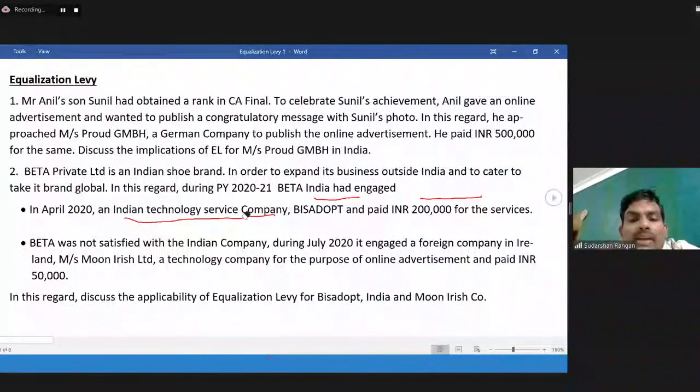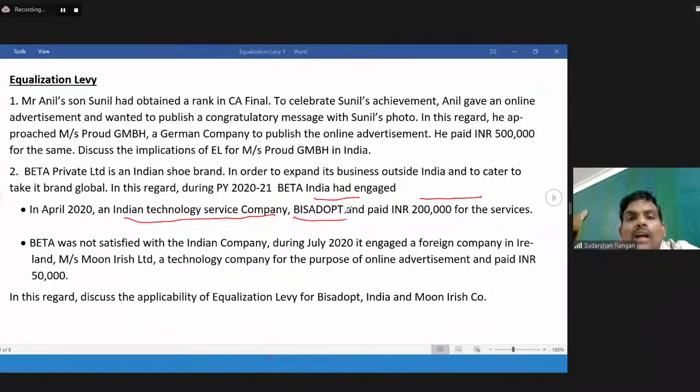But who is the recipient? The recipient here is an Indian company. So BizAdopt is the service provider who is a resident. One of the major conditions for section 160 equalization levy to be applicable is that the service provider should always be a non-resident.